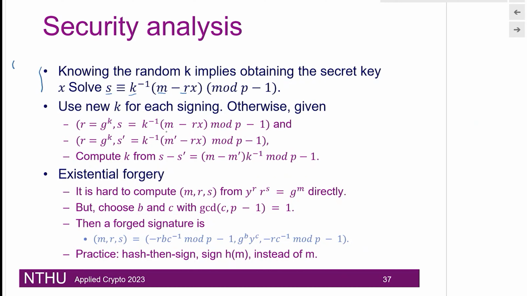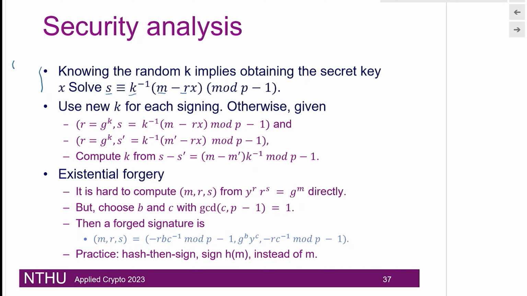All of these are fixed except M. And then for the second one, again, when we fix K, the first part would be the same. For the S, we get S prime, just because M prime is different than M. The only difference that we get is the S part. We get S and S prime correspondingly.